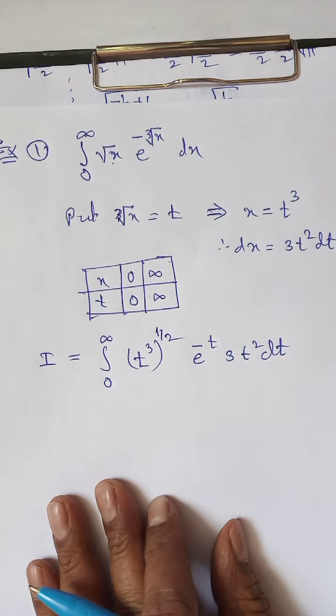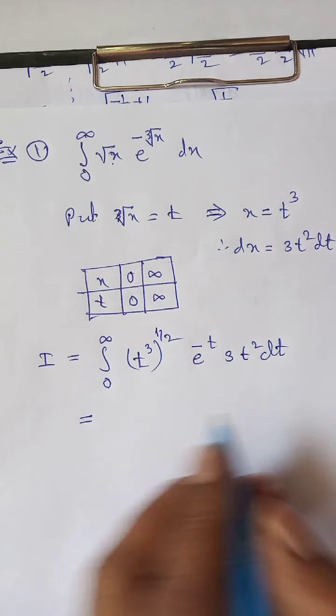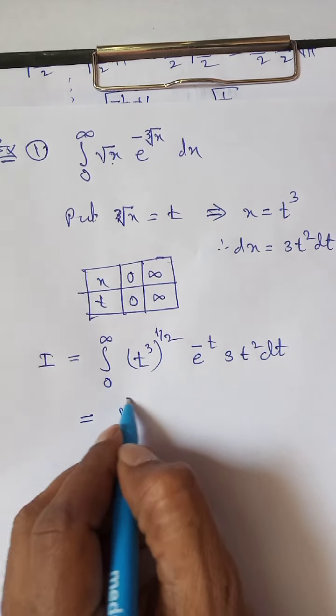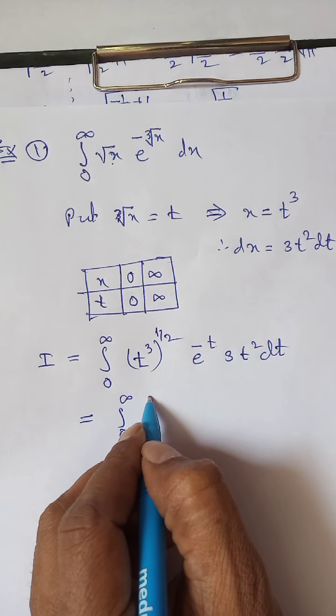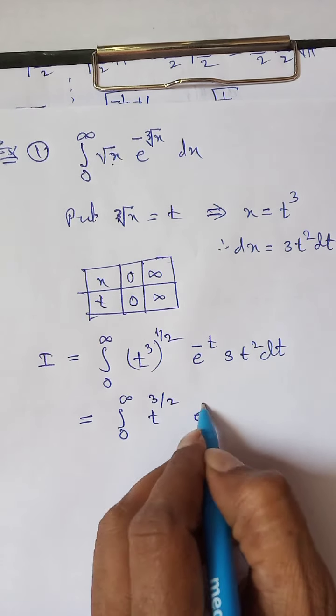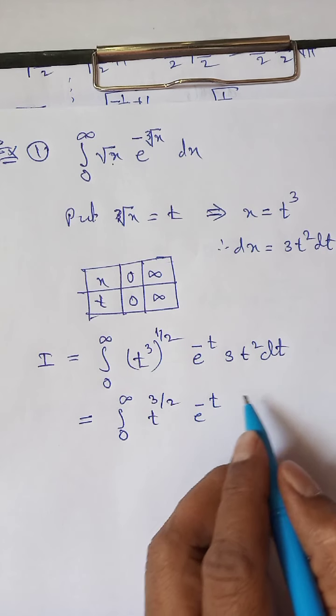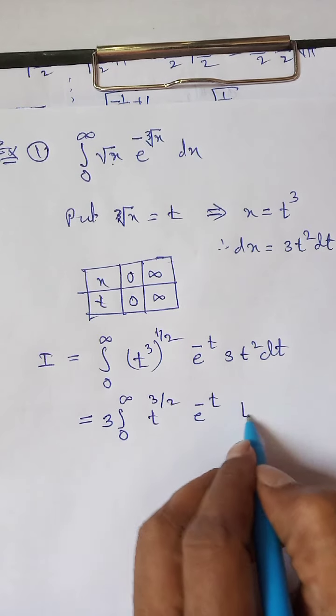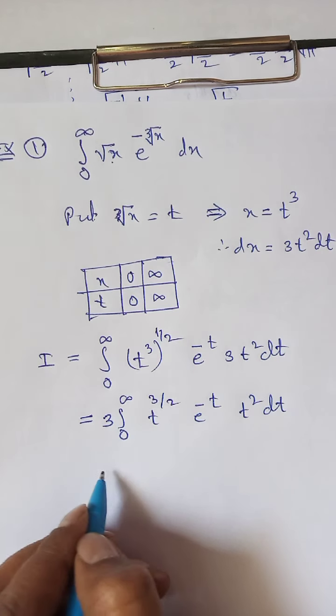Okay, so simplify this integrand function. Here t cube to the power half is t to the power 3 by 2, e to the power minus t. This 3 can be taken outside, into t square dt.